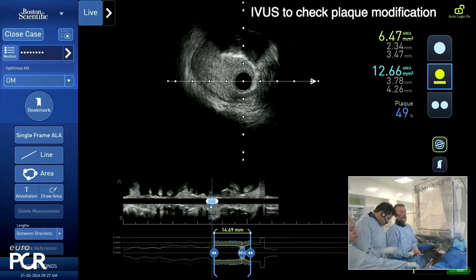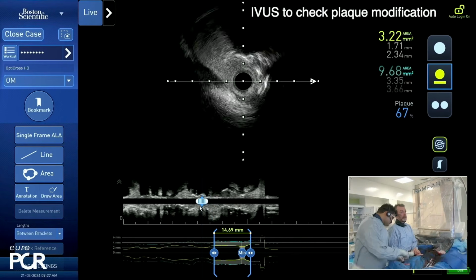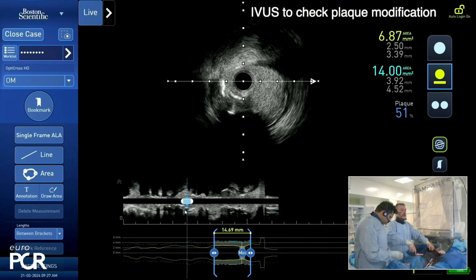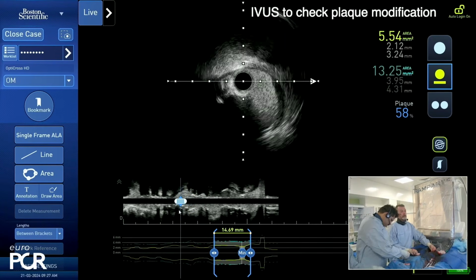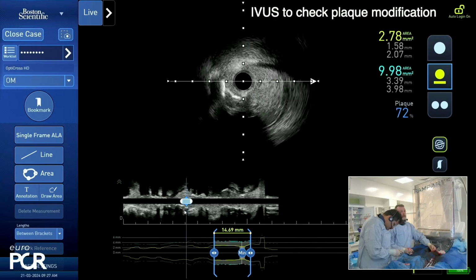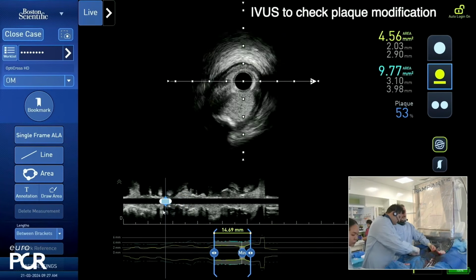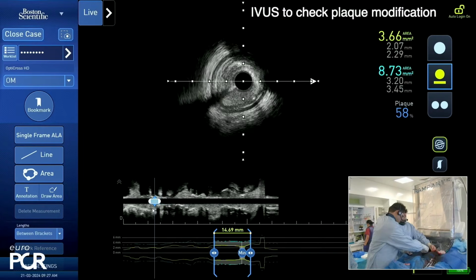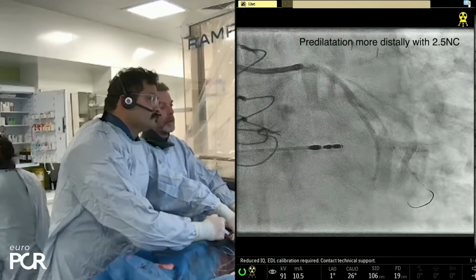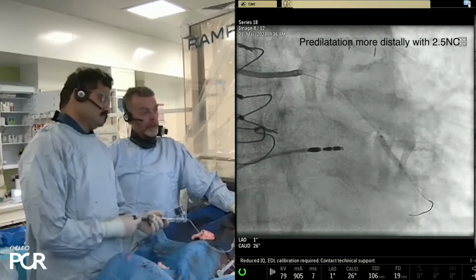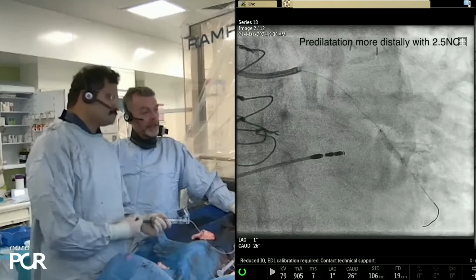Bifurcation, I guess, that's completely fractured, isn't it? You can just grab the wire. Yeah, so this would be the bifurcation. It's proximal to that one. Yeah, so here. I don't know how well we're getting that really, it looks very eccentric again.